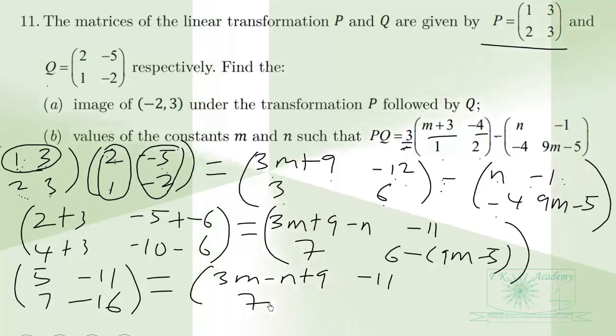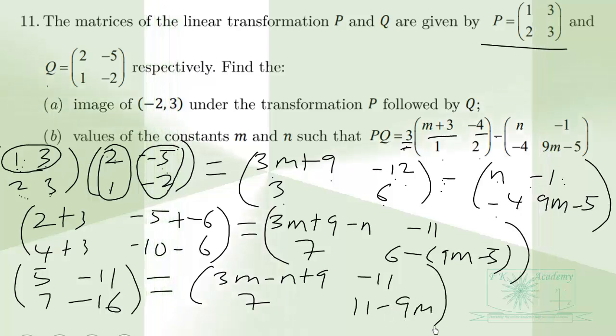So 6 plus 5 will be 11 minus 9m. So equality of matrices will tell us that -16 will be equal to 11 minus 9m, and 5 will be equal to 3m minus n. So this will be equal to this, and this will be equal to this.